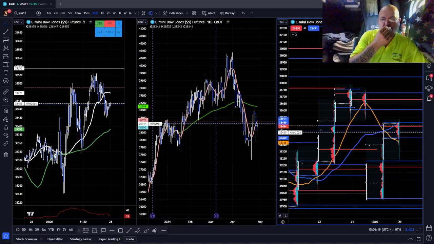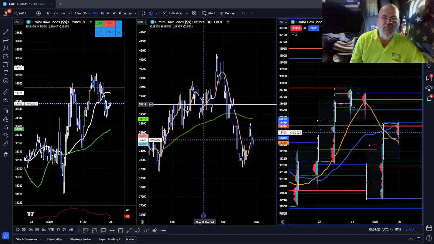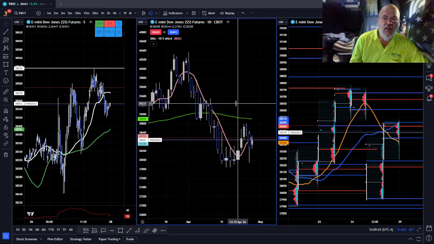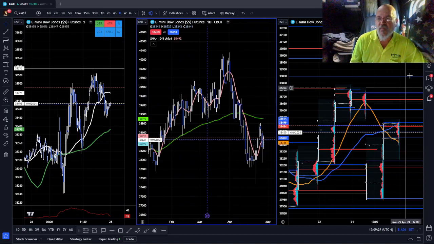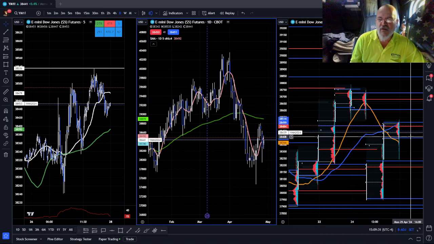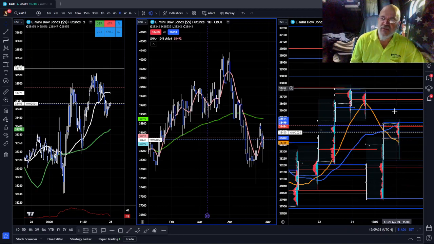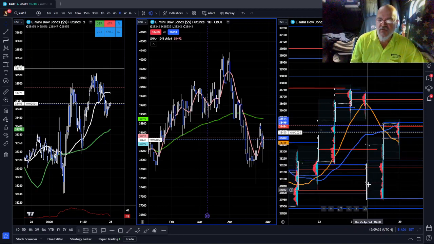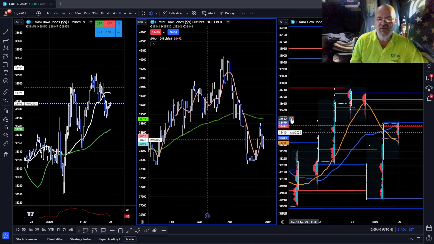This is really going to help. Mainly what I use are the value area levels from the session volume profiles and these white bars, which are the initial balance on the TPO charts.